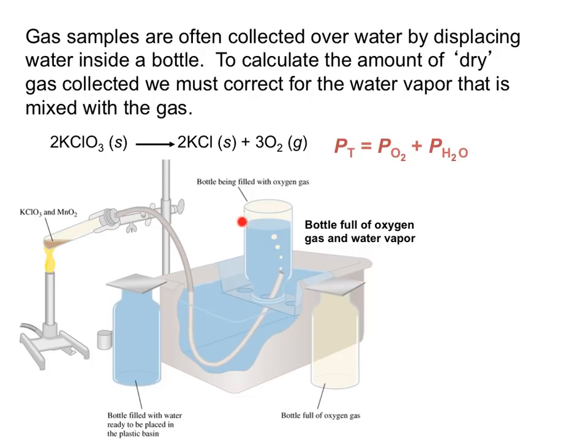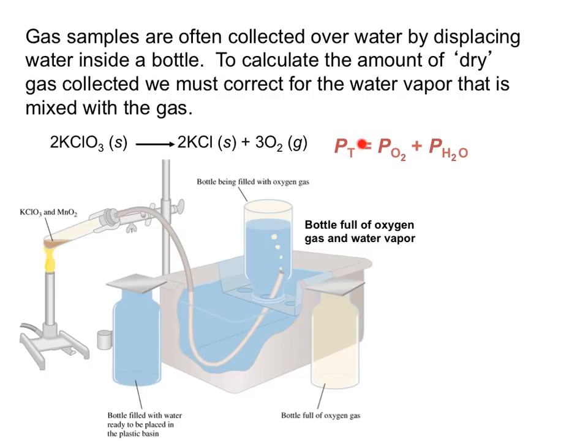And basically, you're not just trapping oxygen or whatever your product gas is up here, but you're also trapping some water vapor. So whenever we're collecting a gas over water, we need to account for that water vapor pressure.